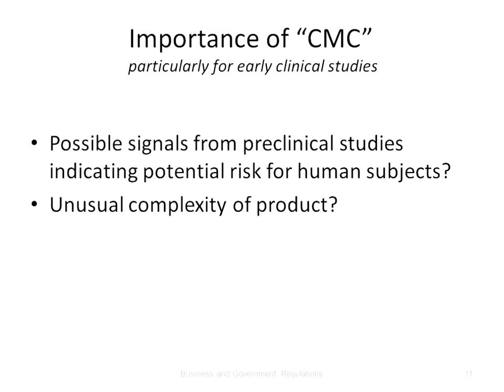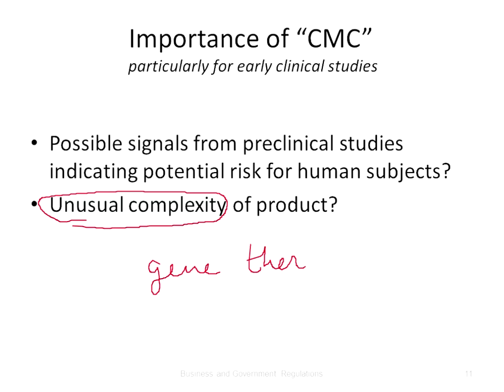So there are some products that have unusual complexity. What's an example of a product of unusual complexity? Gene therapy product. Because gene therapy products don't just go into your body and get out of the body, right? Most of the biotech products impact body functions and then they get out. They're excreted or they are degraded or something.